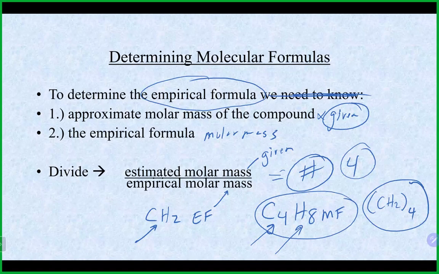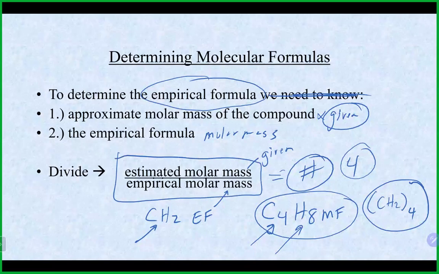Now, we talked about with the empirical formula, when we're dividing by the smallest, that we really don't want to round until we are really, really close to the whole number. The one place where you could be a little bit less strict about your rounding is when you do this calculation here. Even if it's not really close to the whole number, you could round to the whole number, because the number you get when you do that division is based on the ratio of the empirical formula to the molecular formula, and it really should be a whole number.